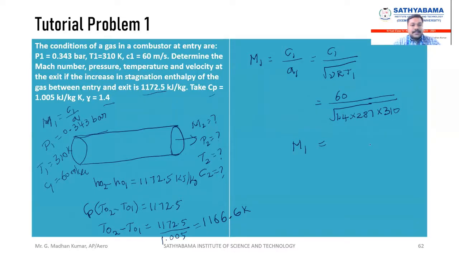Yes, correct. Leela Krishna, great answer. So 0.17. What is your Mach number at the entry? It was 0.17. So using isentropic table. Very good, Kalika.